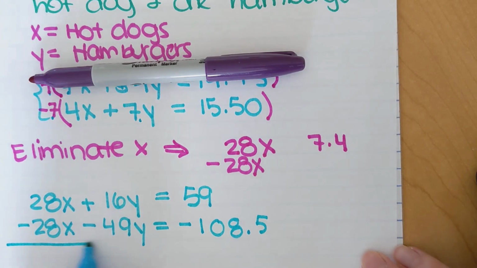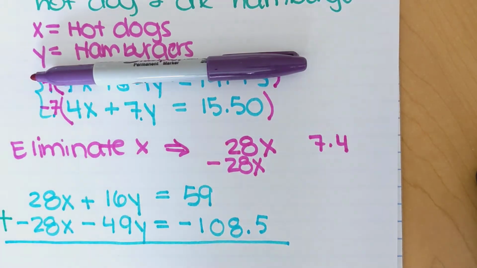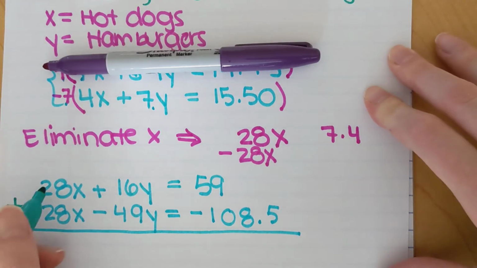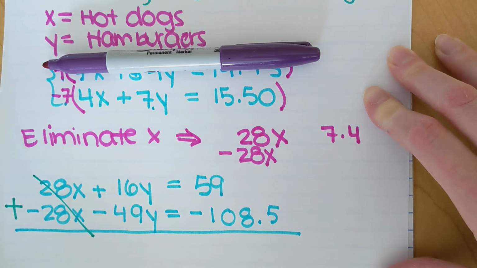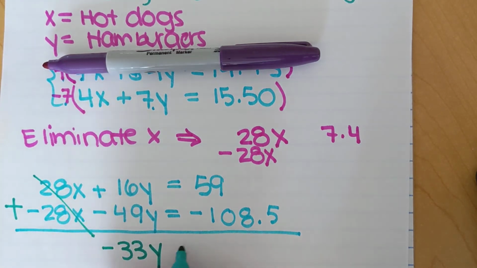So then, based on the fact that I'm trying to do elimination, I am going to add both of these equations together. So the 28X and the minus 28X cross out. And then I have the 16Y minus the 49Y gives us negative 33Y.